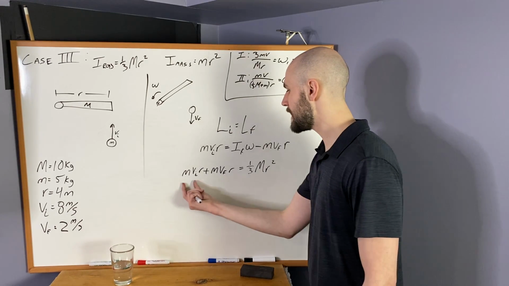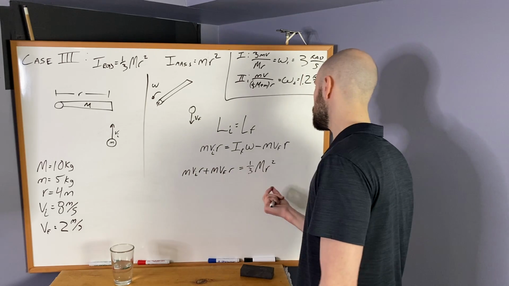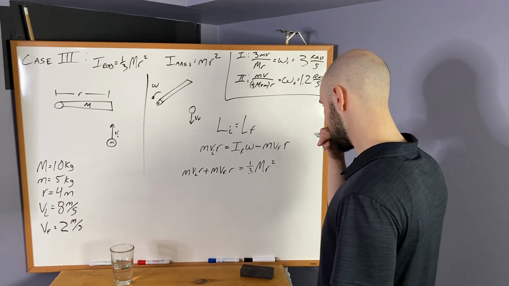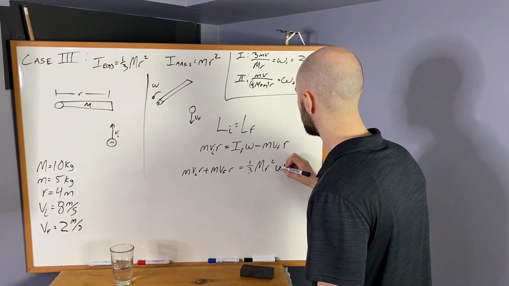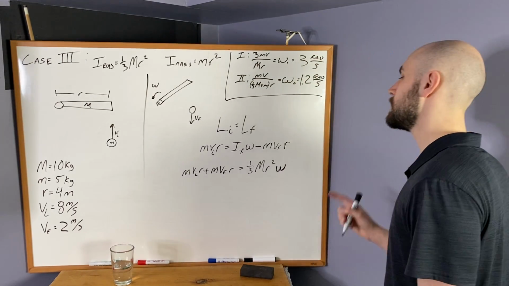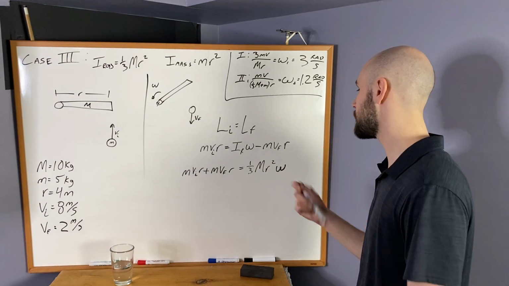We're going to pull out these common terms, which is mr, and divide over, so we have omega alone.